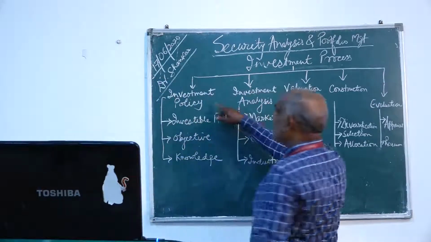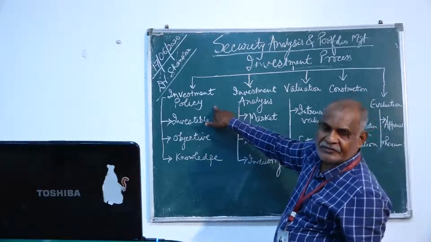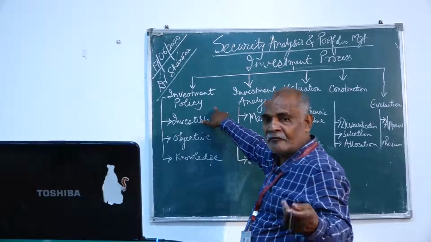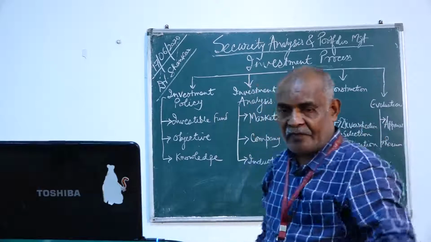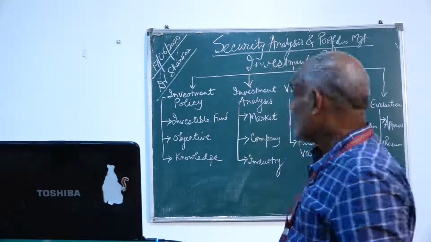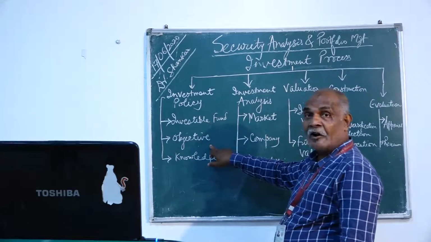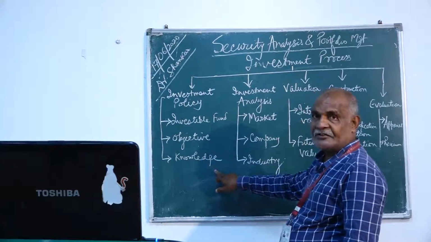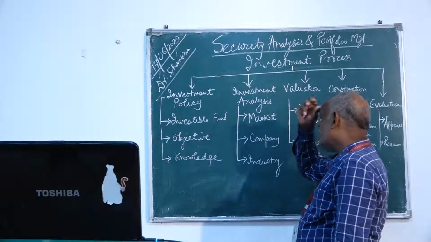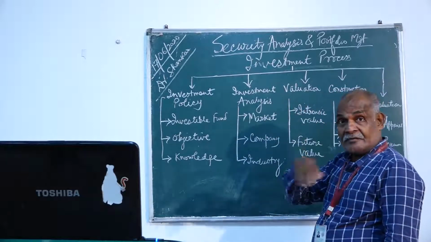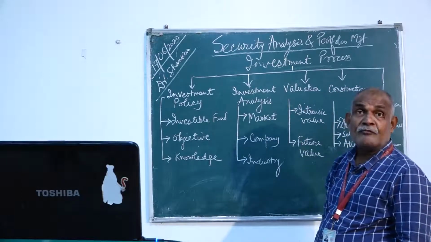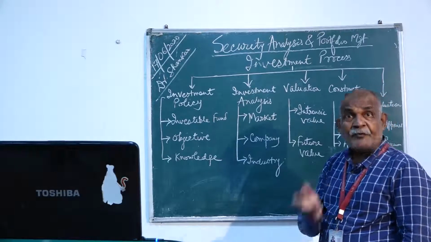Number 1 is investment policy. In this investment policy, we will learn about the investable fund, the objectives of investment, and knowledge. This is the policy which you have to make before investment.